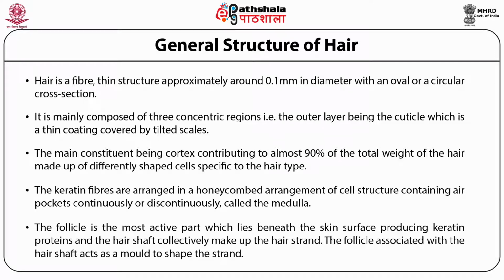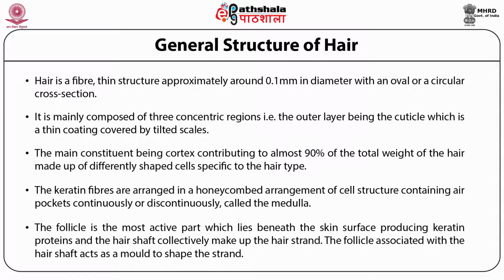The follicle is the most active part, which lies beneath the skin surface producing keratin protein, and together with the hair shaft makes up the hair strand. The follicle associated with the hair shaft acts as a mold to shape the strand.